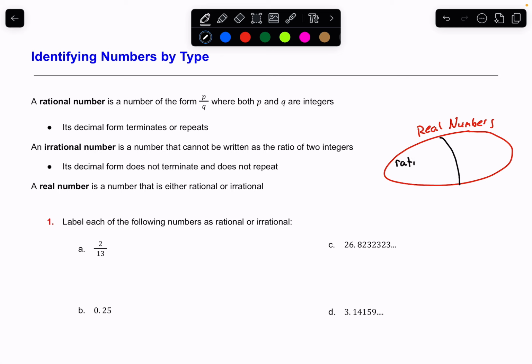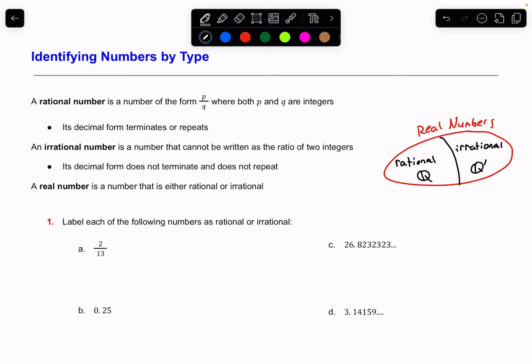We're going to have rational numbers on the left, and we will denote these with a fancy Q. All right? And then we're going to have irrational numbers on the right, and we can denote these with a very similar fancy Q, but we're going to put a prime on it. Okay, prime is just an apostrophe, for those that don't know, like an apostrophe S when you're writing English words.